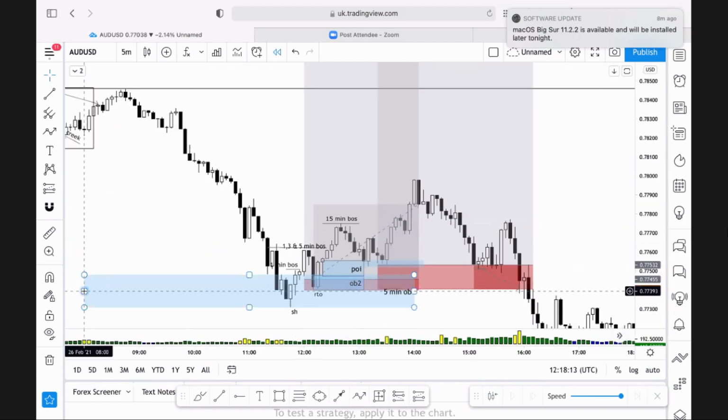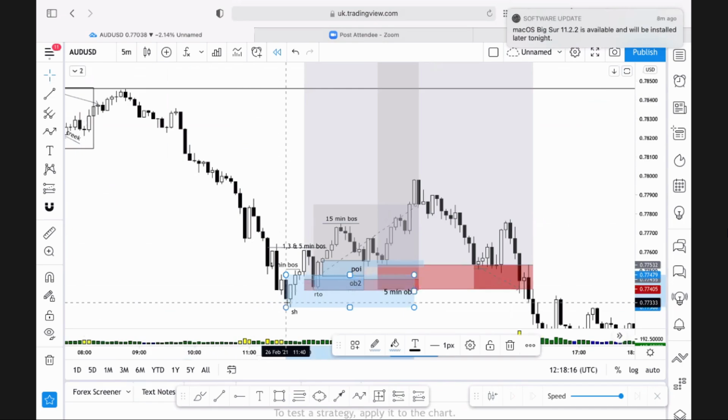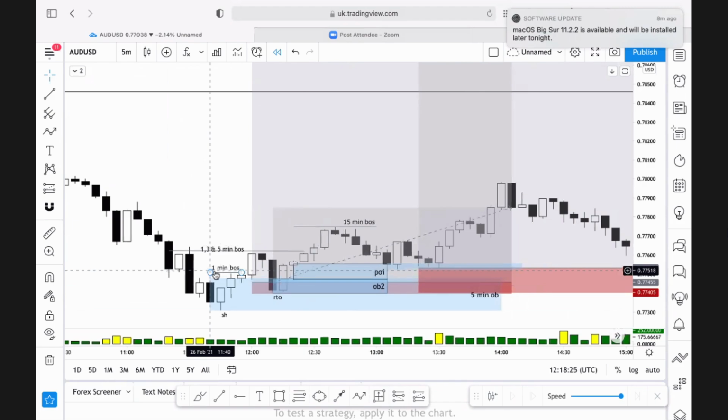I believe it was on the 1 minute time frame. The order block started from here. We had a 1 minute break of structure in here, and then a 5 minute break of market structure. So in 3 time frames, the structure was changing. This refined order block from the higher time frame would, in theory, have been respected.